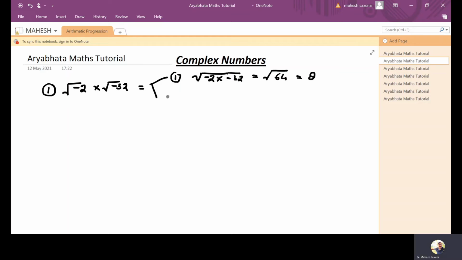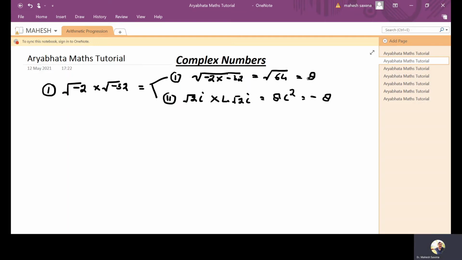In the second method, under root minus 2 is root 2 i, and under root minus 32 is equal to 4 root 2 i, that is 8 i square, that is minus 8.